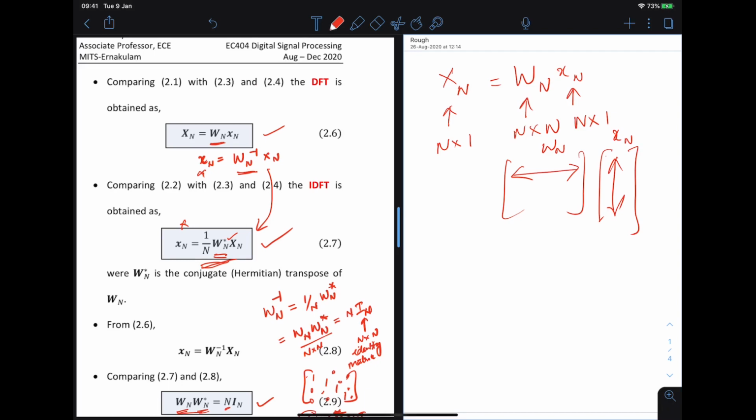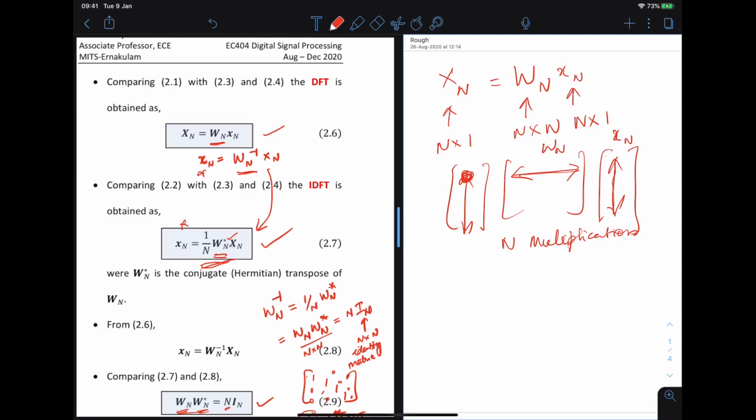So what is the computational complexity of finding a single element? For the first element, I have to multiply the first row into the column of x of n. So how many multiplications are there? N multiplications.